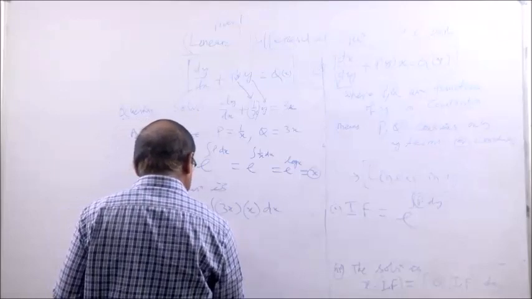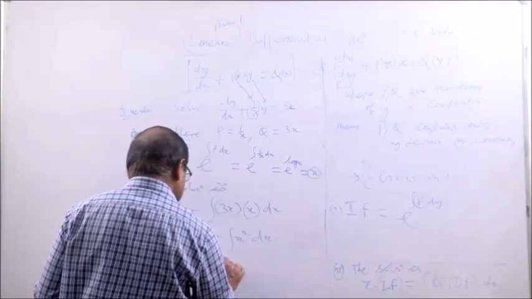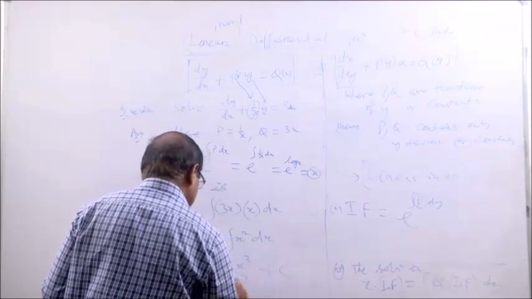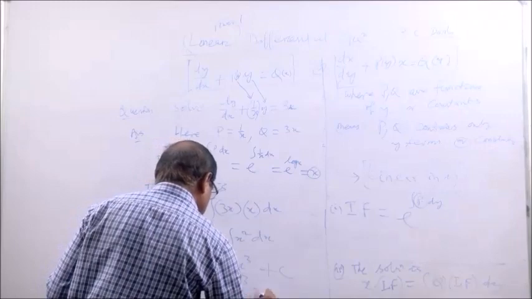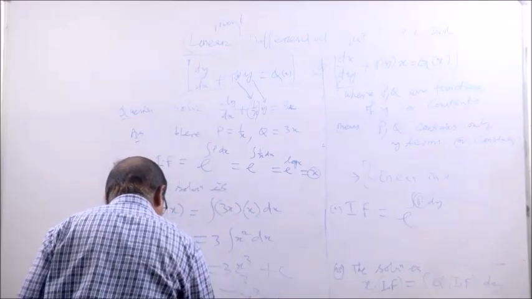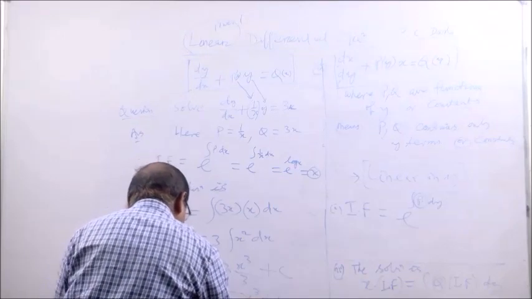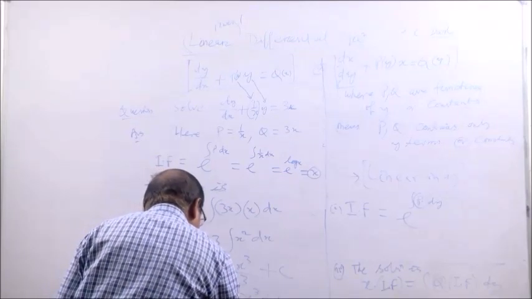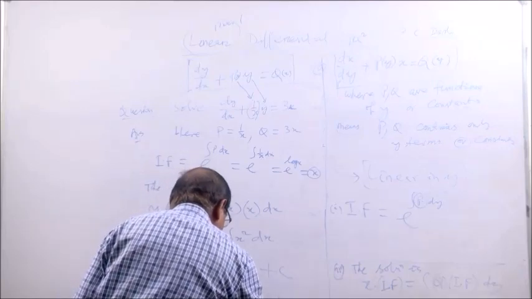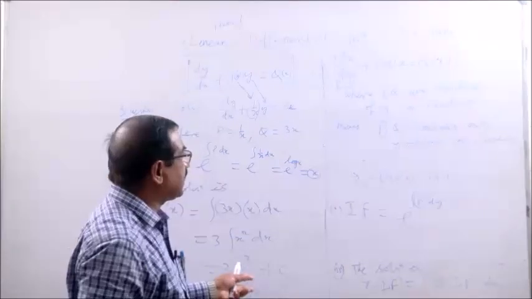So this becomes 3 taken out, x square dx, that is 3 into x cube by 3 plus c. So this is x cube plus c. This is yx, so y is equal to x square plus c into x to the power minus 1. This is the answer.